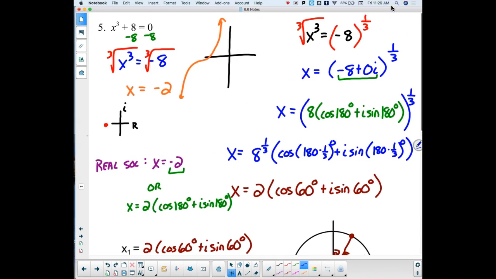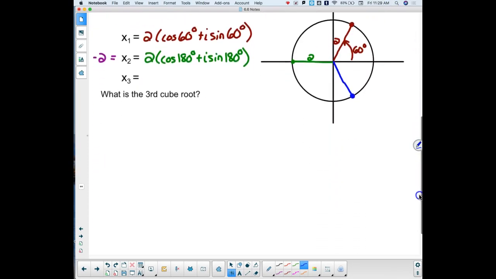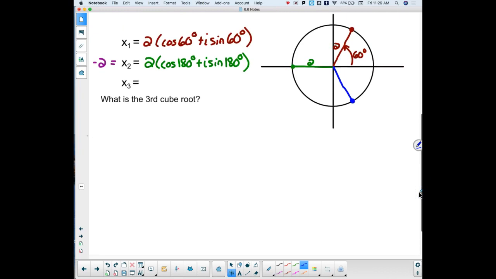So we need to divide our circle up into 3 equal parts. So the other one is going to be at 2 times the cosine of 300 degrees plus I times the sine of 300 degrees. And that's where my 3 roots lie.